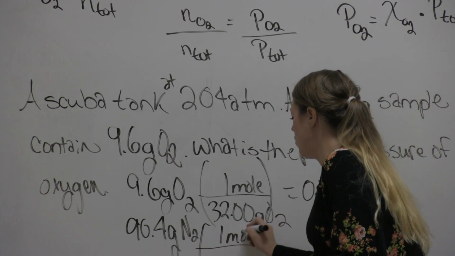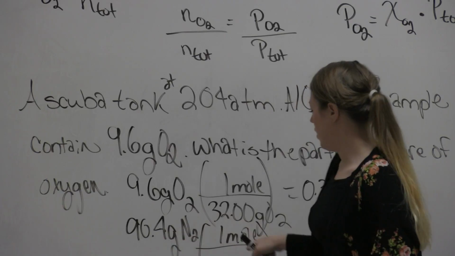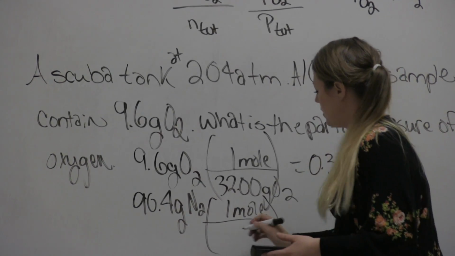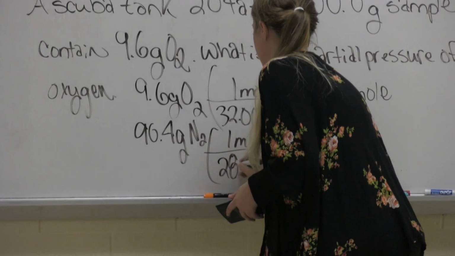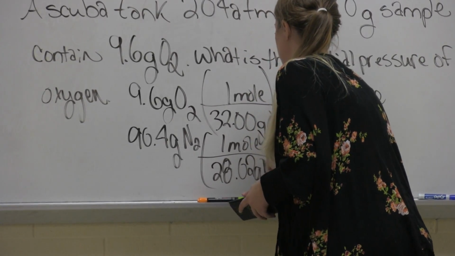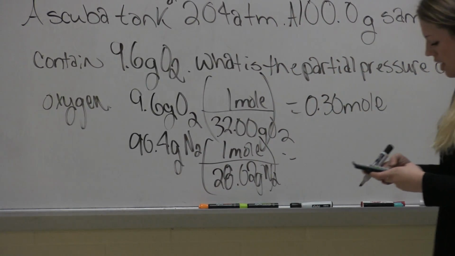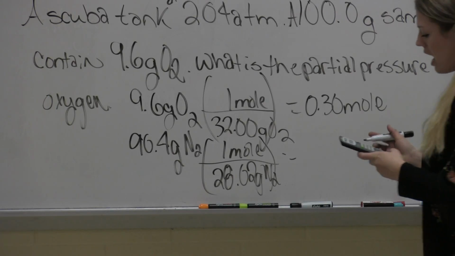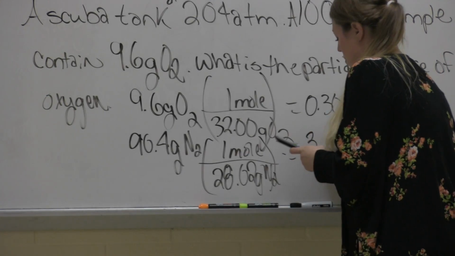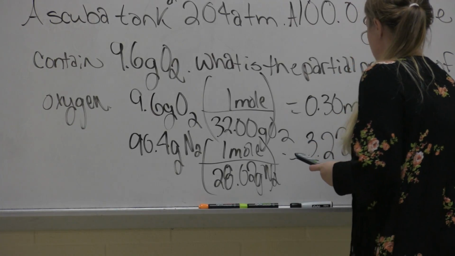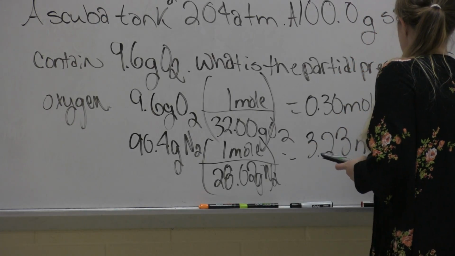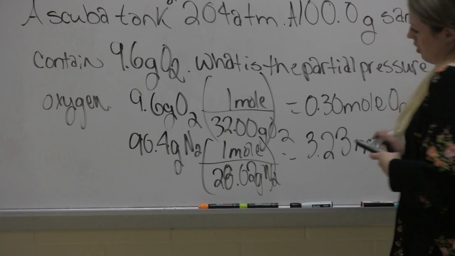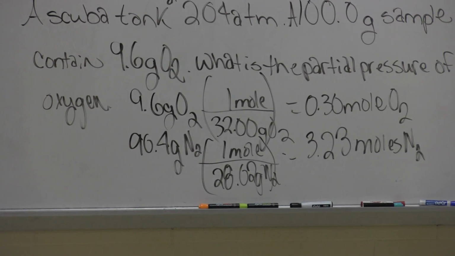So we're going to have 1 mole, and we're going to have the mass of nitrogen, which is 14.01 times 2, so 28.02 grams of N2. If we punch that into our calculator, we get that there are 3.23 moles of N2. Okay, so we have a lot more nitrogen than we do oxygen.